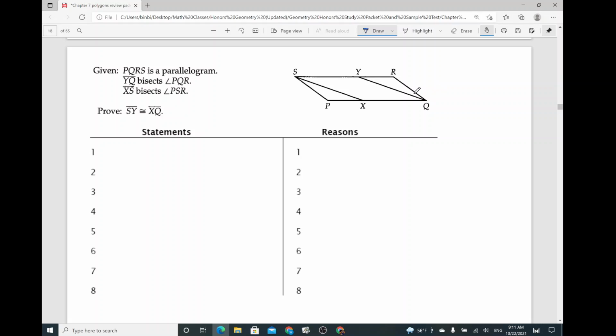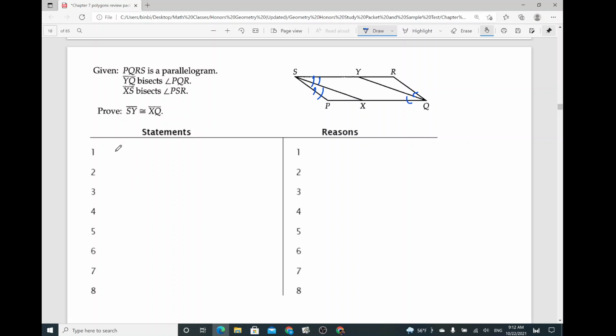so that means this angle right here has got to be congruent to this one. And also XS bisects angle PSR, so these two angles have got to be congruent as well, by the definition of angle bisector.